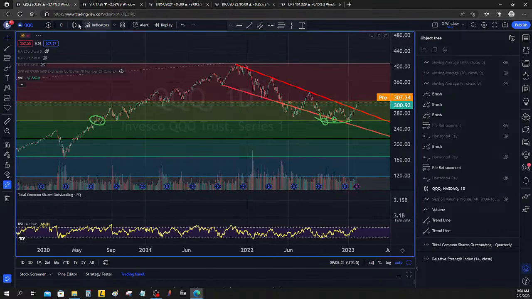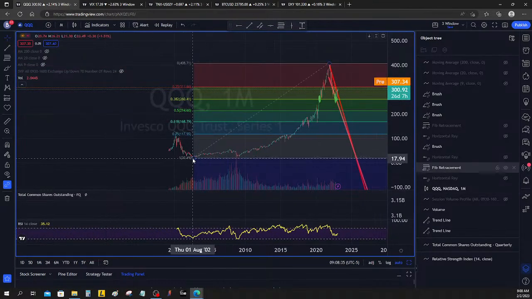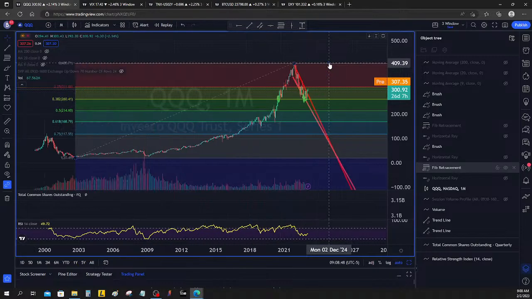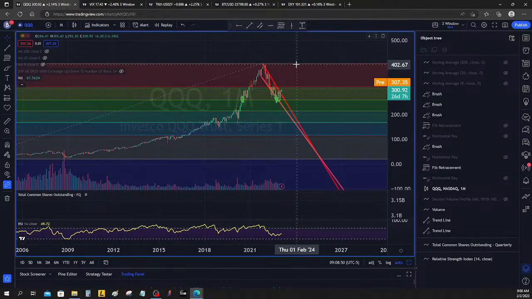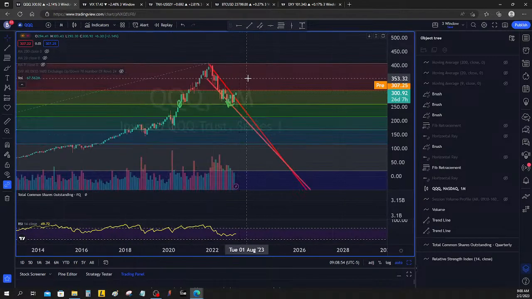One Fibonacci, let me put it on the monthly, goes all the way from the bottom in 2002 to the top in 2021, September of 2002 to November of 2021. That's the big 30,000 foot view, the big picture of price action right now.